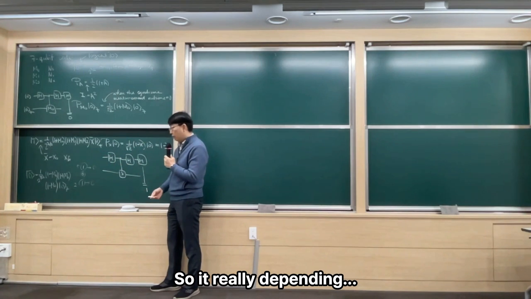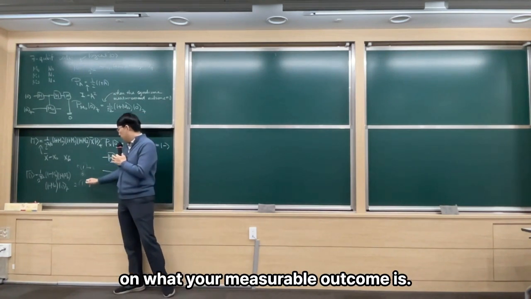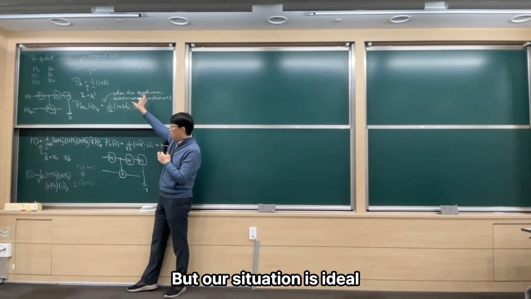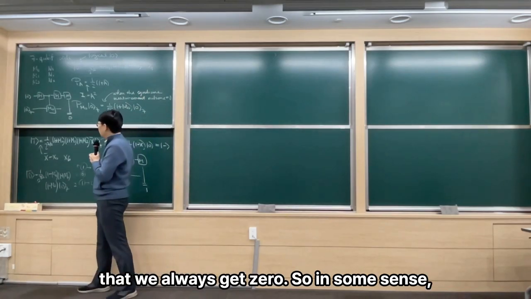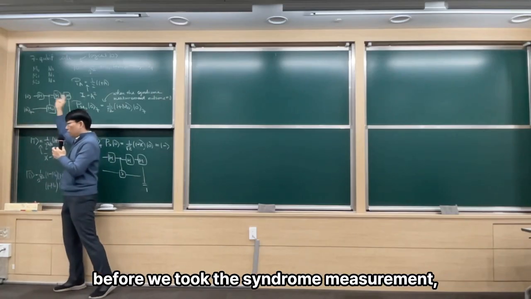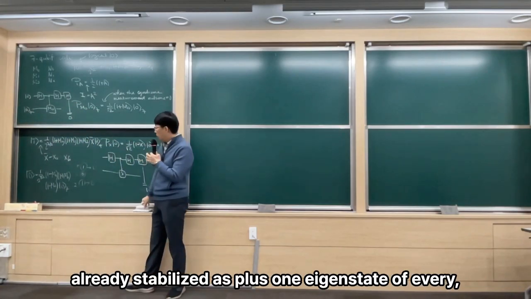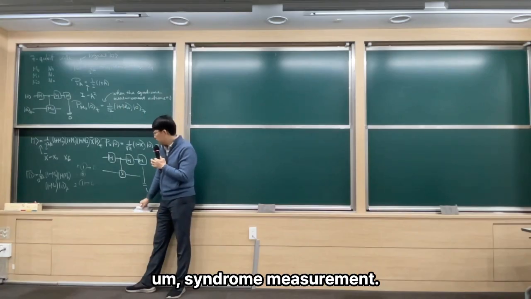So it really depends. The practical application depends on what your measurement outcome is. But our situation is ideal, where we always get 0 in some sense, which means that our quantum state is already, before we took the syndrome measurement, stabilized as a plus 1 eigenstate of every syndrome measurement.